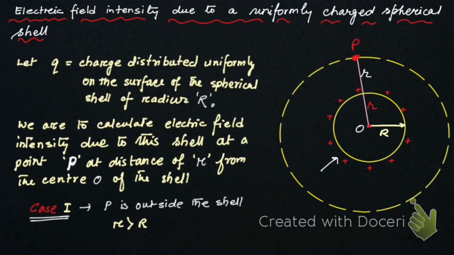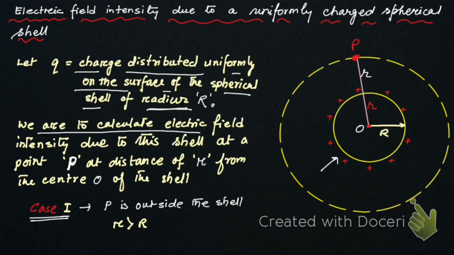So Q amount of charge is distributed uniformly on the surface of the spherical shell of radius capital R, and we are to calculate the electric field intensity due to this shell at the point P, which is at a distance of small r from the center O of the shell. Here small r is greater than capital R.